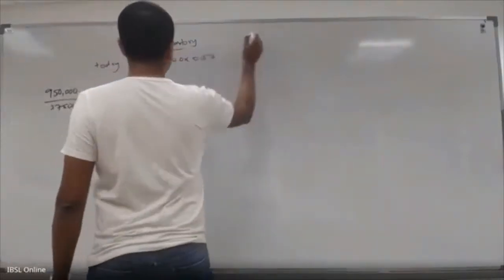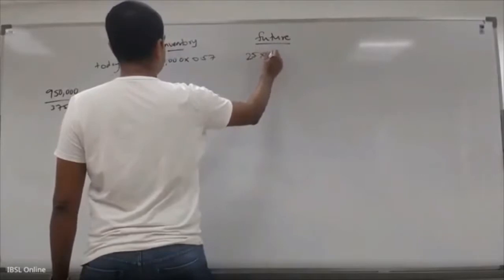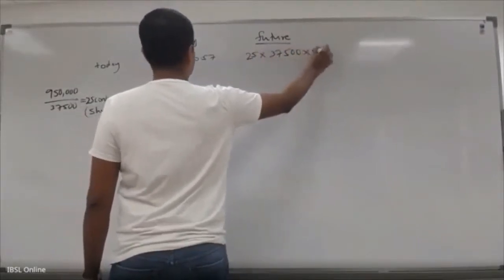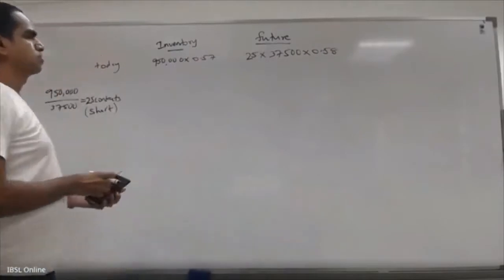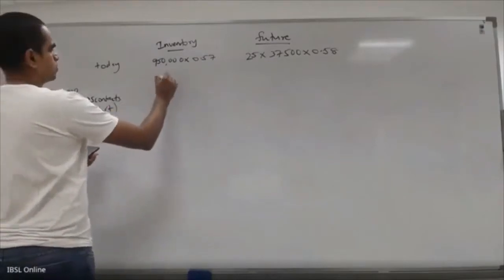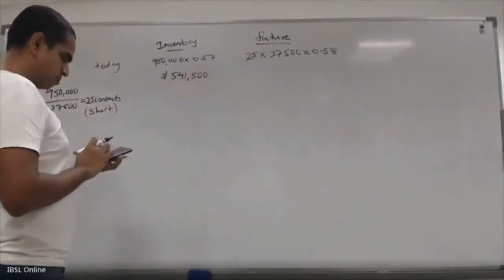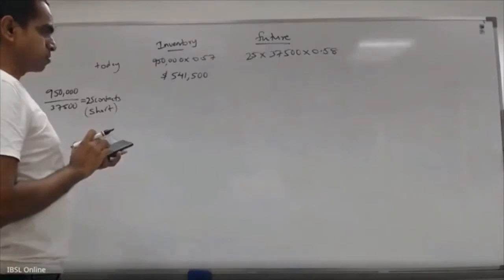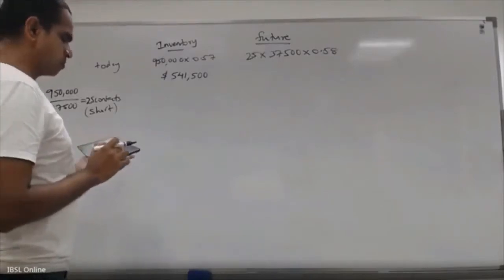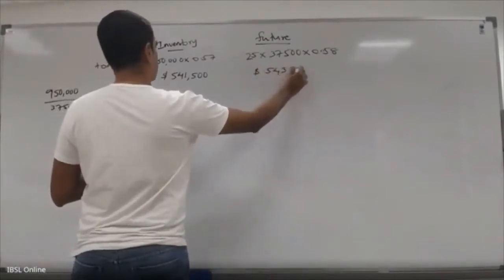So for your inventory, you need to go short futures: 25 contracts times 37,500, currently valued at 58 cents. This is 543,750.